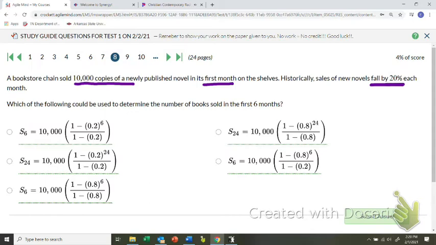Which of the following could be used to determine the number of books sold in the first 6 months? All right, so what is the first term? How many do I sell in the first month? I sell 10,000. Do all of your answer choices have 10,000 in them? Yep, so we can't mark out anything. Okay? Now, how many months am I looking to find? 6. So, can I mark out the ones that say 24?